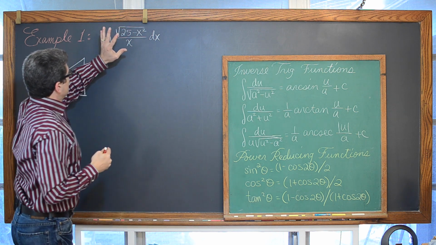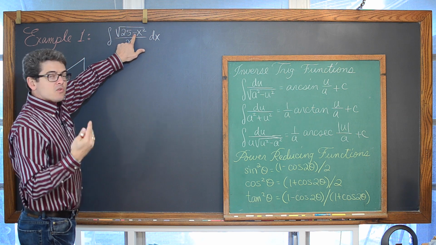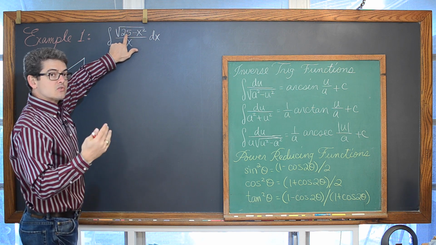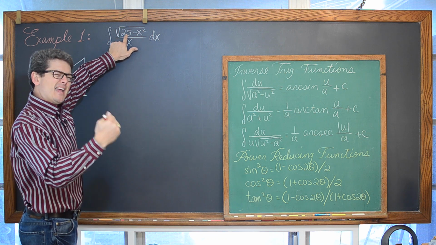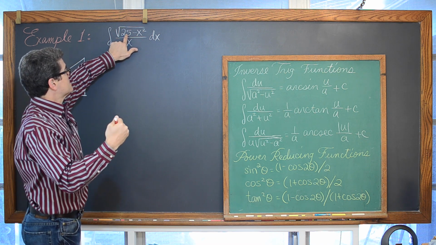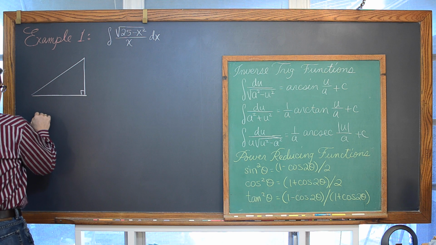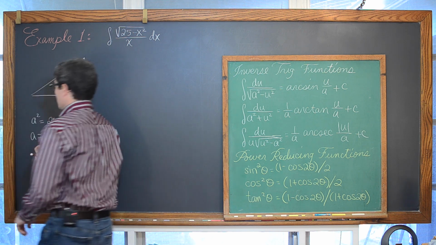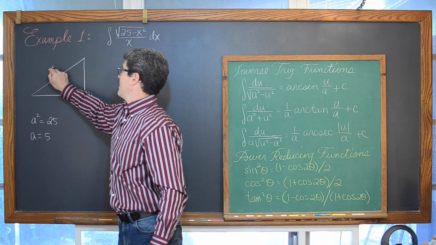If we recognize that, then when you do subtraction, of course, you need to have a positive difference. That means that this 25, the square root of a squared, means that if a squared is 25, then a is going to be equal to 5, and that's going to be the length of our hypotenuse.